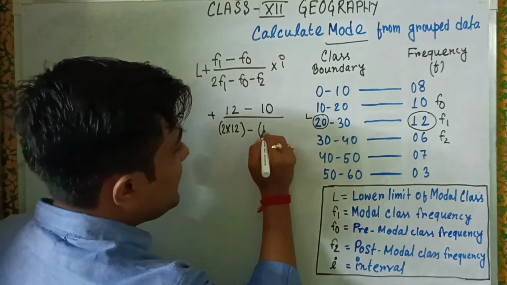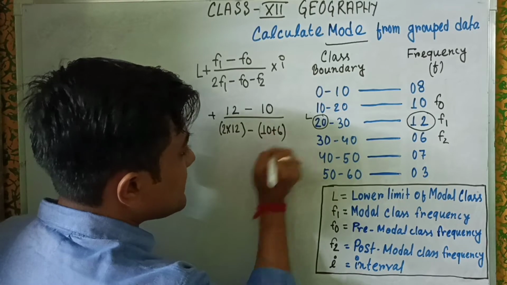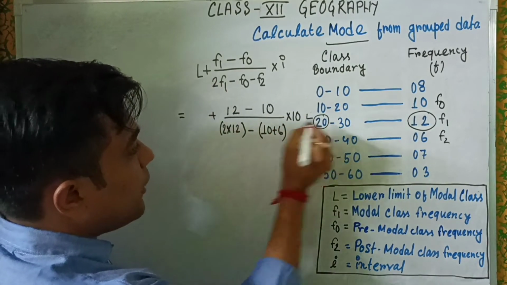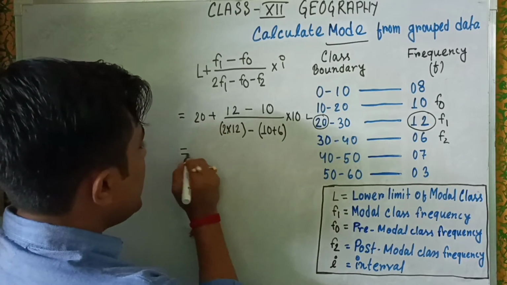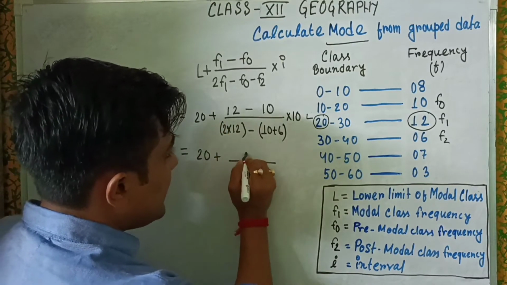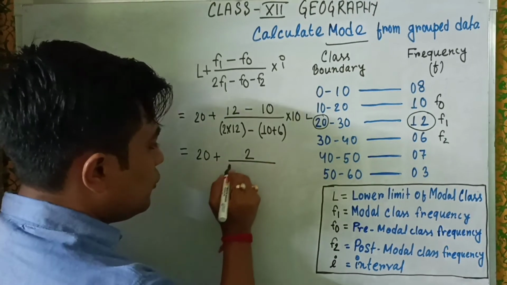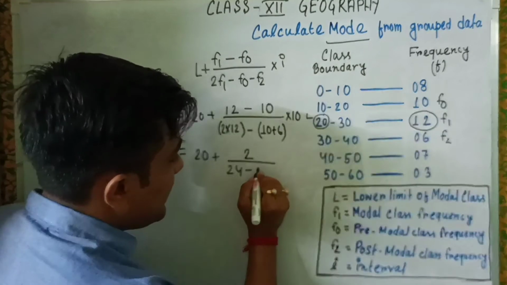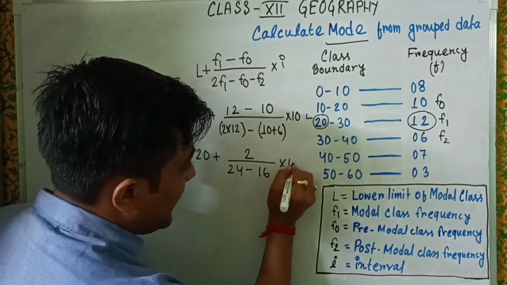So 10 plus 6 into I, which is 10, and L is 20. Now calculate: 20 plus (12 minus 10 is 2) divided by (2 into 12 is 24, minus 10, minus 6, is 8) into 10.